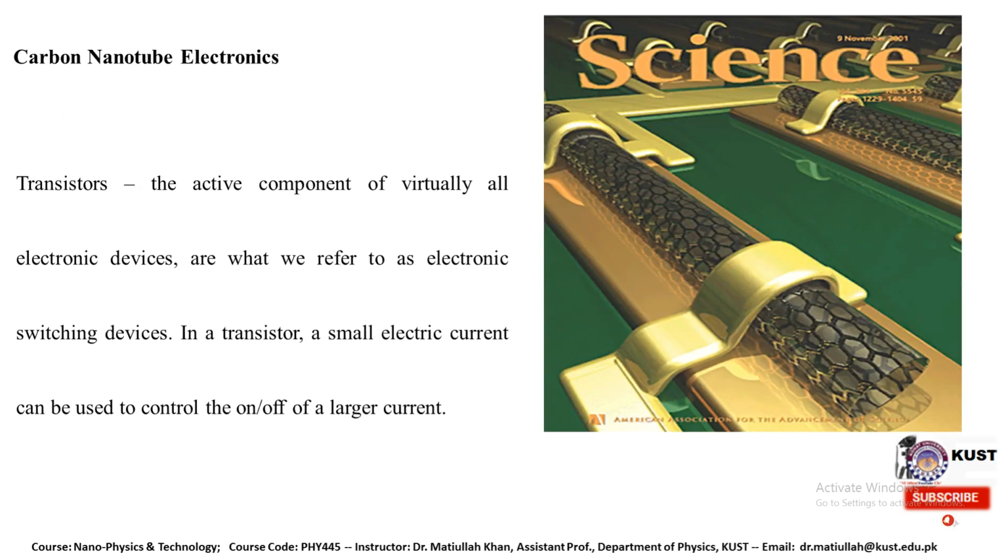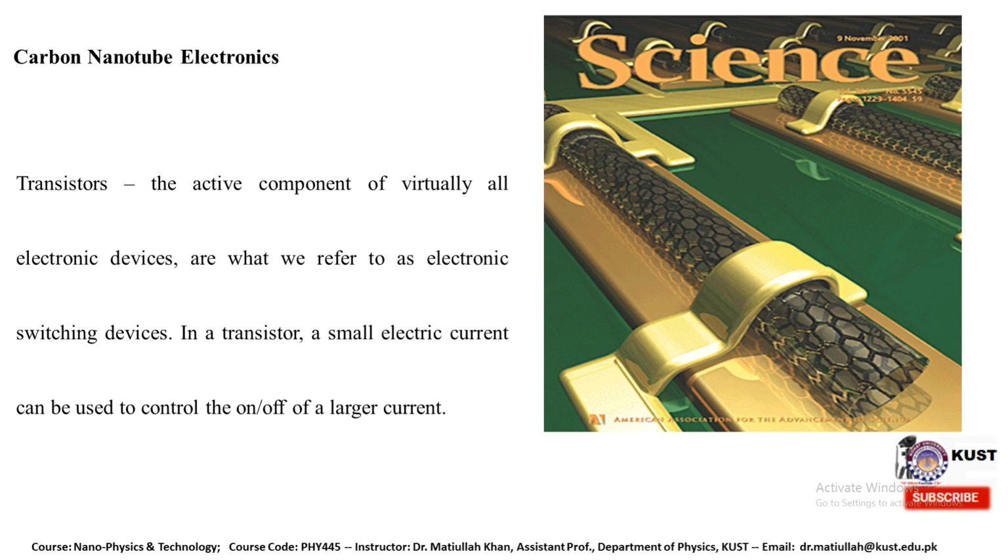So if we look toward the application of carbon nanotubes in electronics, it is widely used in transistors, especially in field effect transistors. In this case, the active component of virtually all electronic devices is what we refer to as an electronic switching device. So especially in a transistor, a small electric current can be used to control the on-off of a larger current.